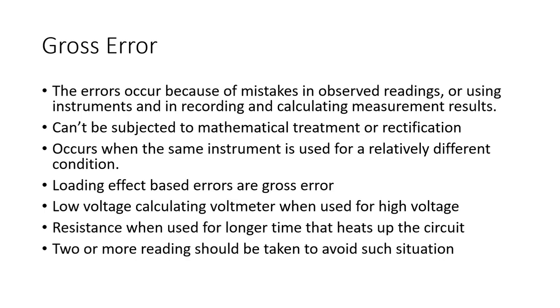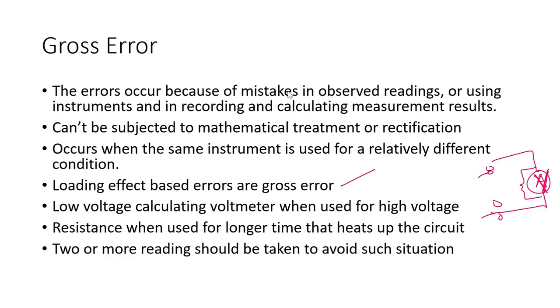So if an instrument is not giving us a good reading because the instrument is loading some circuit, say this is our circuit and we connect a voltmeter with it. What will this voltmeter do? It has some internal resistance. So this internal resistance would be felt as a drop on these points. So the voltage might be different. So this turns out to be our gross error.